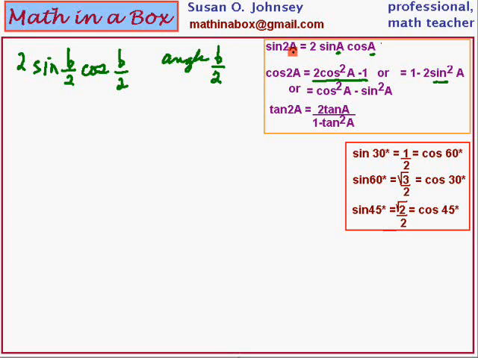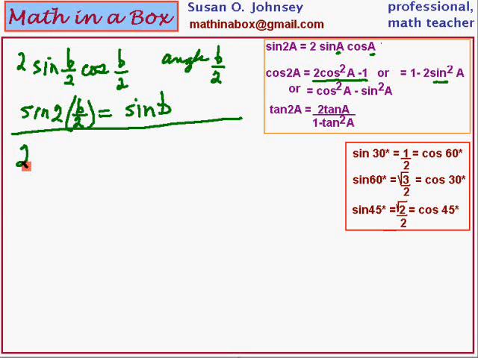So that means I will go over here in the double angle part of it and change the A to B over 2. So our angle for this problem, the A that I have written in the identities, became B over 2, or half of a B. 2 times half of a B is, of course, a whole B. So this becomes the sine of B.